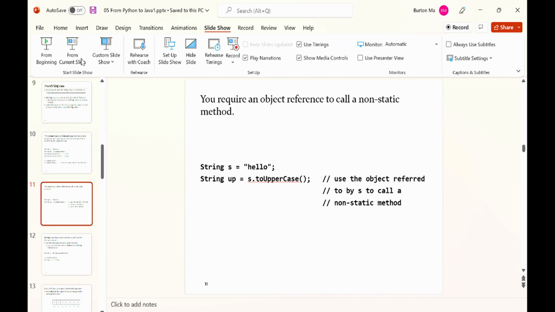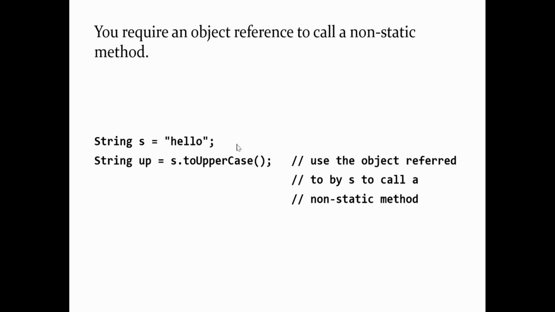So if you are using a non-static method, and most of the methods in Java are non-static, then you're going to need an object. To call toUpperCase, I need an object to call that method on. The way you call the method is to write the object name dot toUpperCase. I guess to be more strict, you use the variable name, dot, and then the method name.